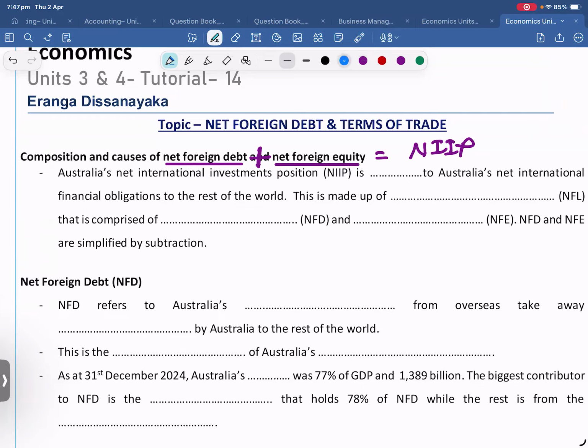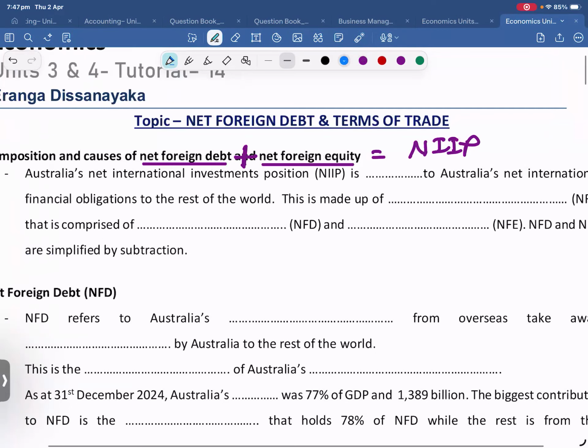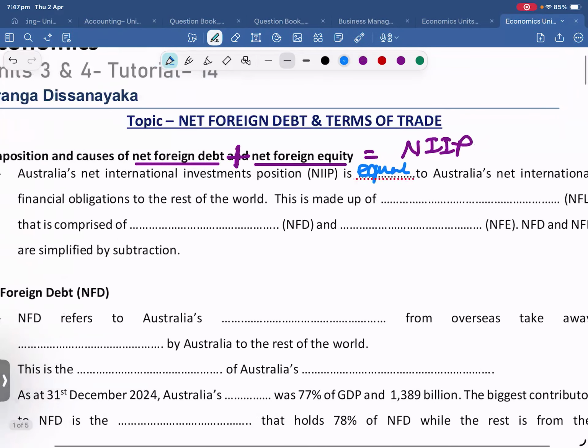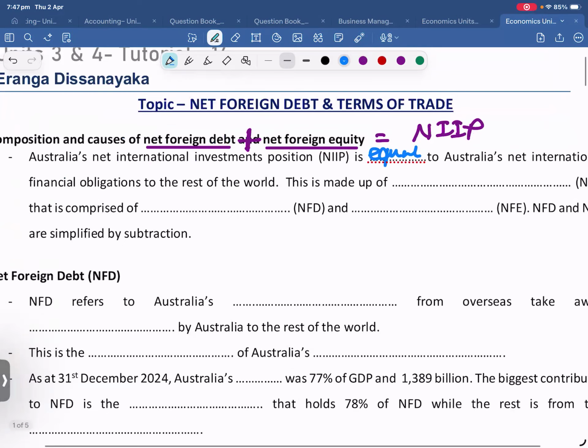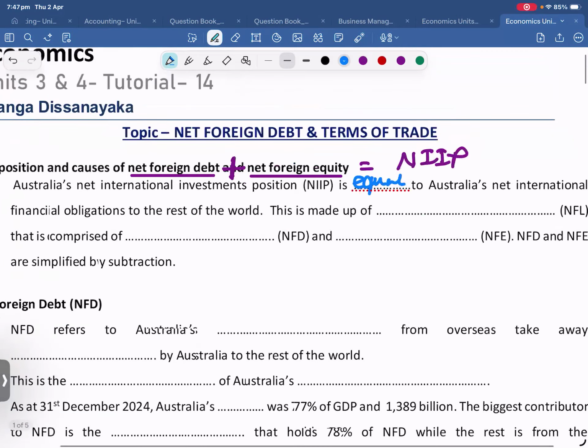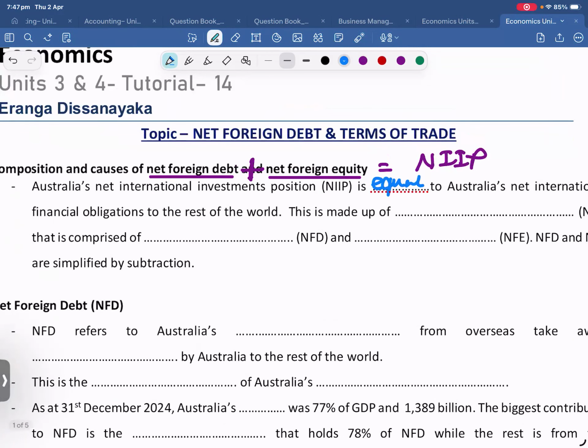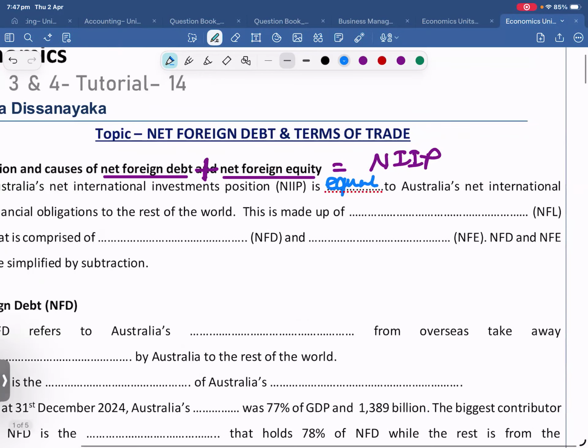NIIP is equal to Australia's net international financial obligations to the rest of the world. Meaning, guys, I said that net foreign debt plus net foreign equity is equal to NIIP.